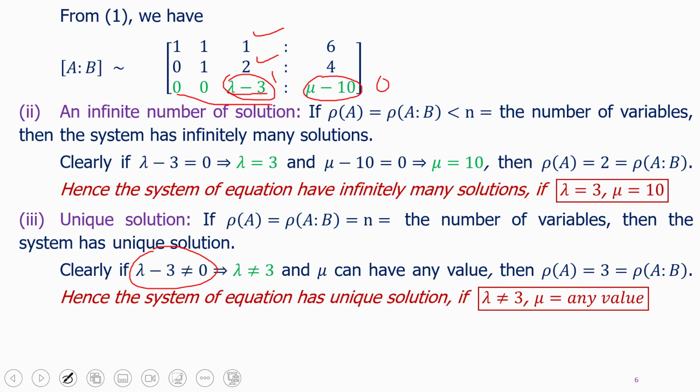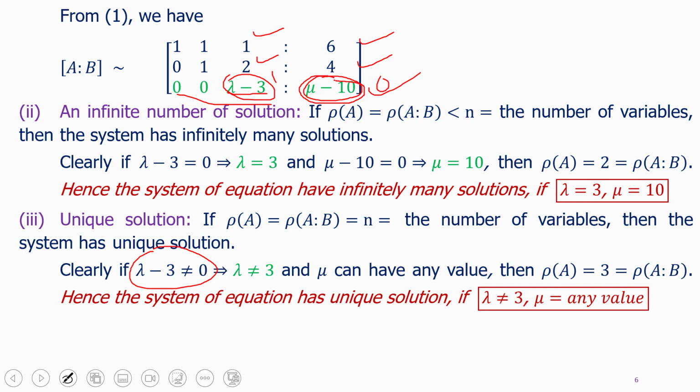Now, similarly, if this is also 0, but if we consider the whole augmented matrix, row number 1 is non-zero, row number 2 is non-zero, row number 3 is also non-zero. Therefore, the rank of the augmented matrix is also 3. So clearly here, the rank of A and the rank of the augmented matrix don't depend upon the value of mu. It may be 0 or it may not be 0.